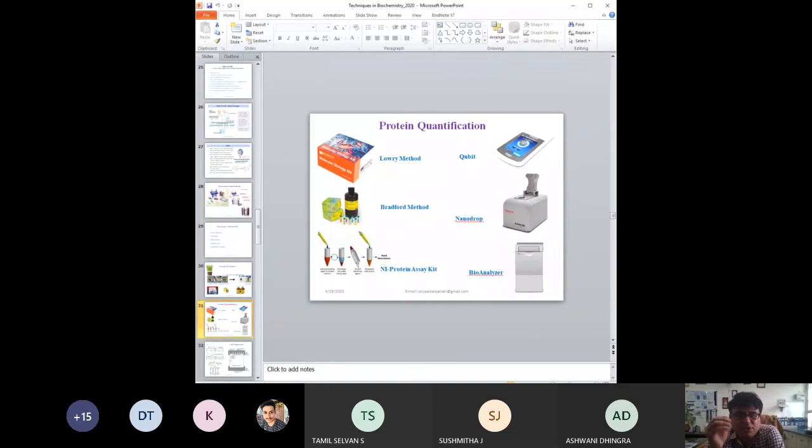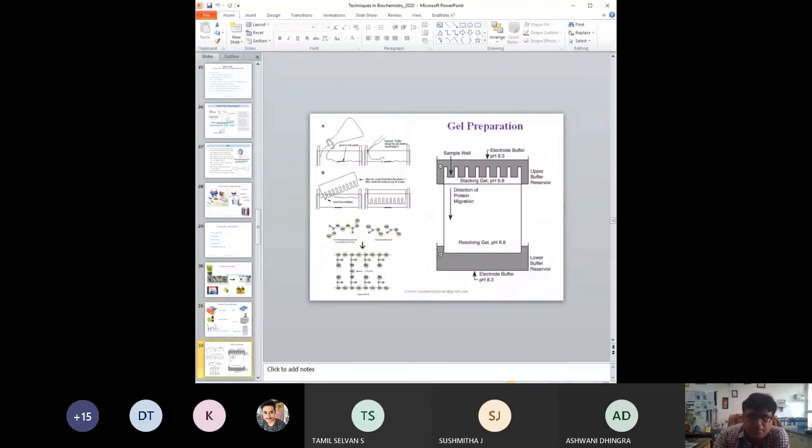Here it will tell you the quantity and even the quality of the molecule you have used for quantitation. So these are some of the methods people use to quantitate protein. For quality analysis, the best method is to run it on the gel, whether it is a protein or a nucleic acid.